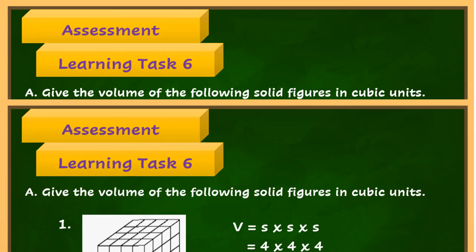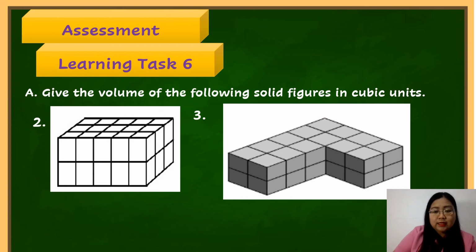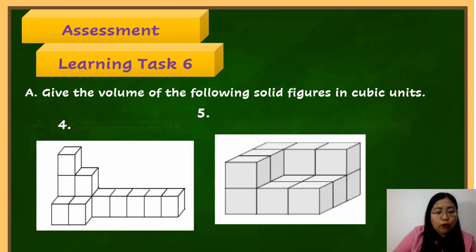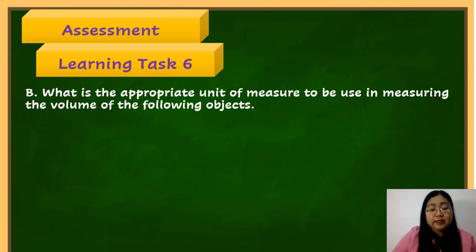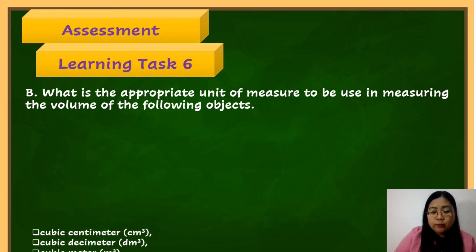In your answer sheet, answer number 2, number 3, number 4, and number 5. Learning task number 6, letter B. What is the appropriate unit of measure to be used in measuring the volume of the following objects?